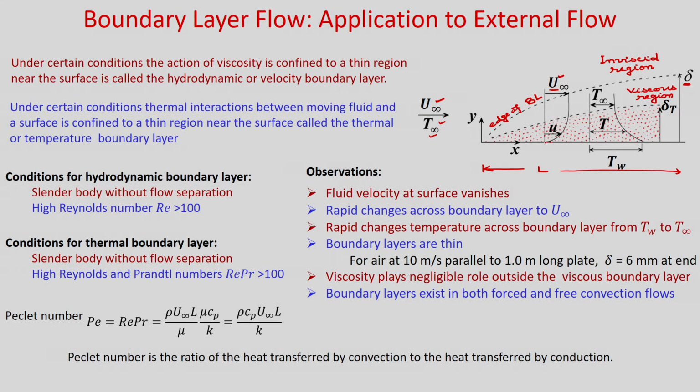Delta is the normal distance from the plate at which the velocity u becomes almost 99% of u infinity. This fictitious line, where at every x distance you have the hydrodynamic boundary layer thickness, is known as the edge of the boundary layer.